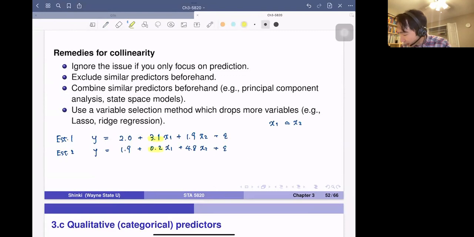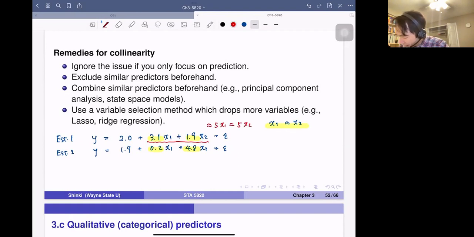These coefficients are much different. But if x1 is almost equal to x2, this part, 3.1x1 plus 1.9x2, is almost 5 times x1 or 5 times x2.